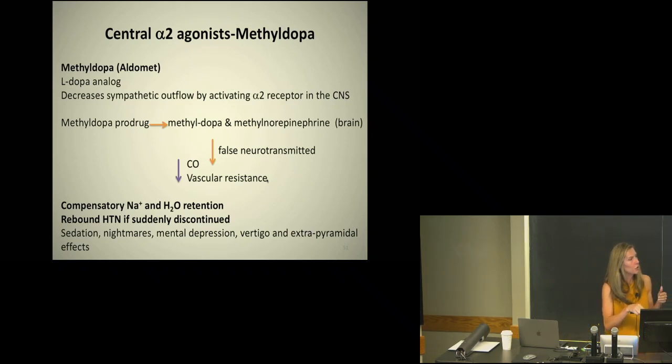It's going to be methyl norepinephrine. And in that way, it's a false neurotransmitter. So it competes with norepinephrine, but it doesn't activate the receptor, which means that if it occupies the receptor but doesn't activate it, you would get a decrease in cardiac output and vascular resistance.